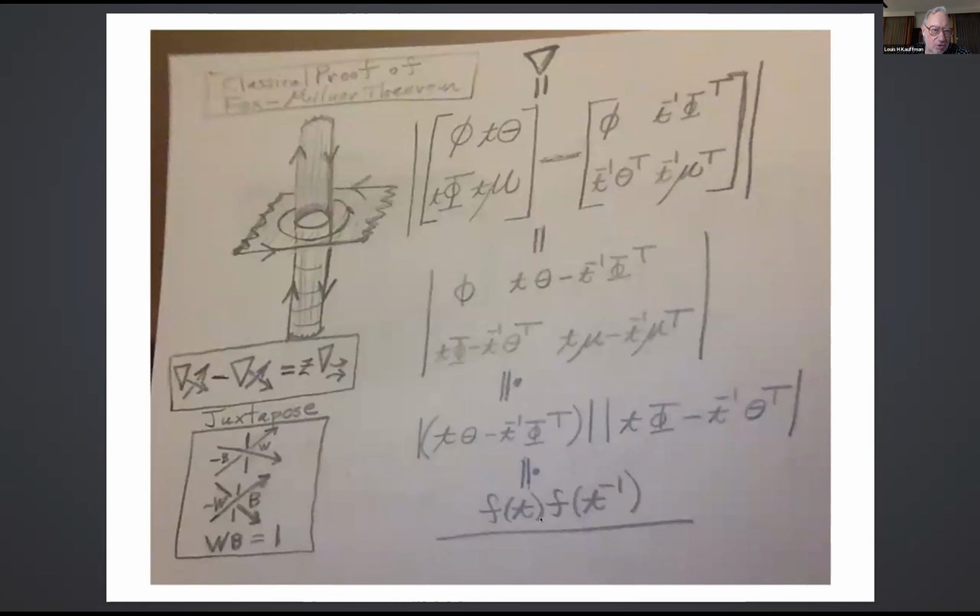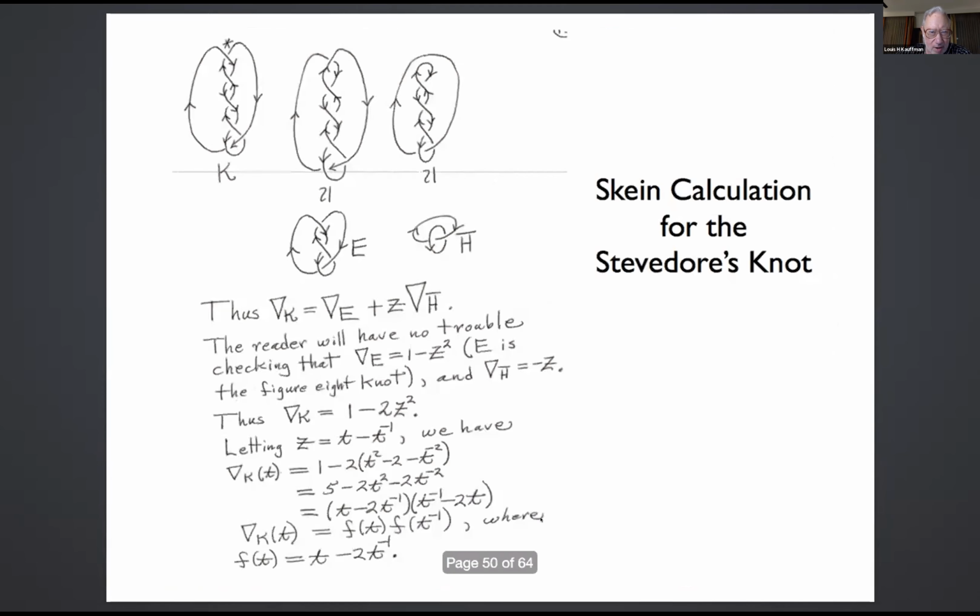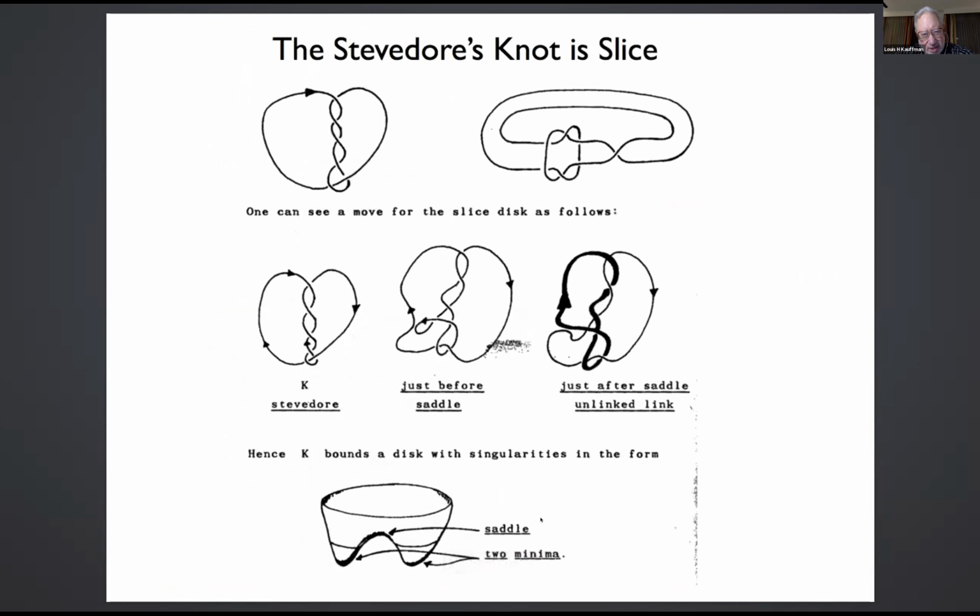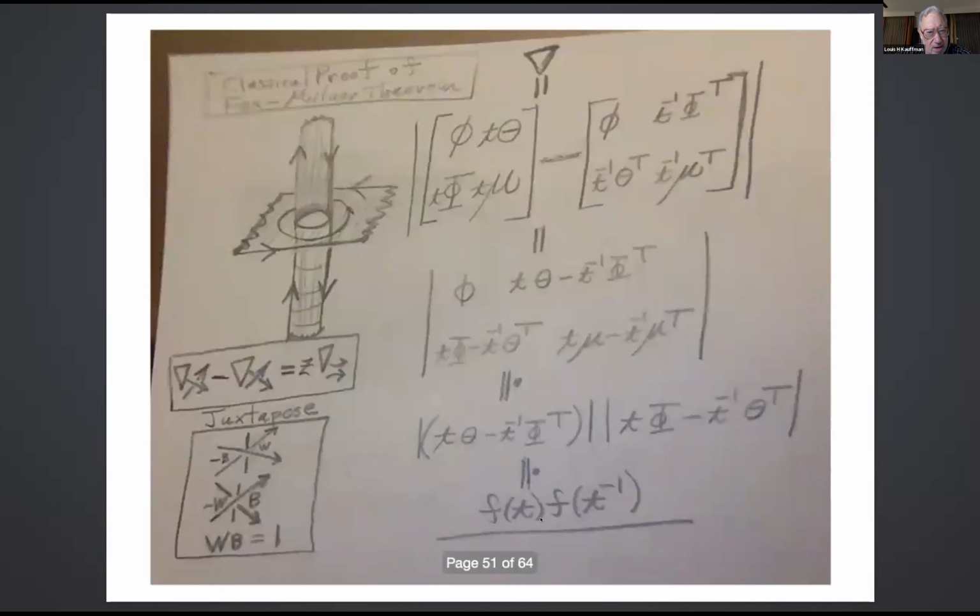Yes, the usual way in which we prove the Fox-Milnor theorem geometrically is by thinking about ribbon knots where the singularities are very simple. It's a special class of slice knots that bound an immersed disk in three space, and there's a conjecture that all slice knots are ribbon.